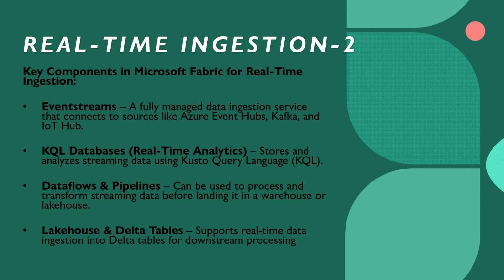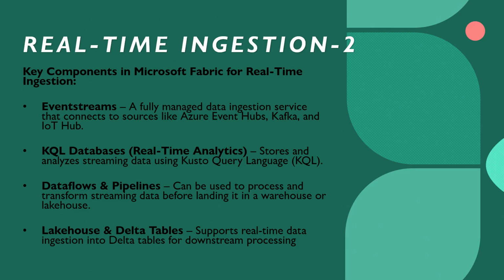It is also called event house, and it stores the data that is streamed from these telemetry sources, IoT devices, and it can be put into the KQL database, which is also called event house, or we can put that in a lakehouse as well.